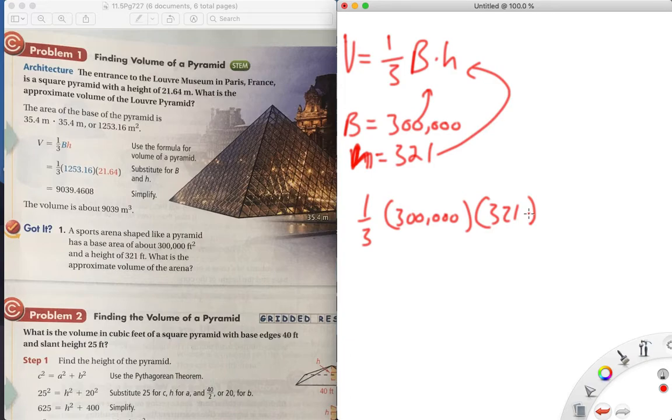And that will give me a big number: 32,100,000 feet cubed. 32,100,000 feet cubed.